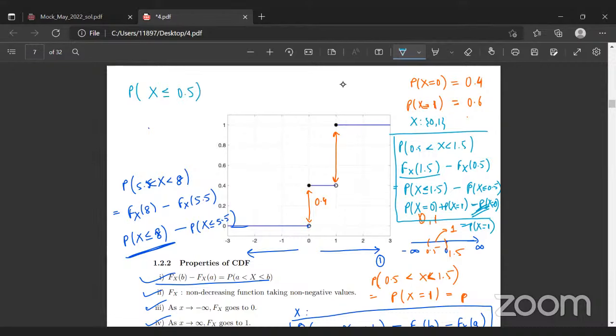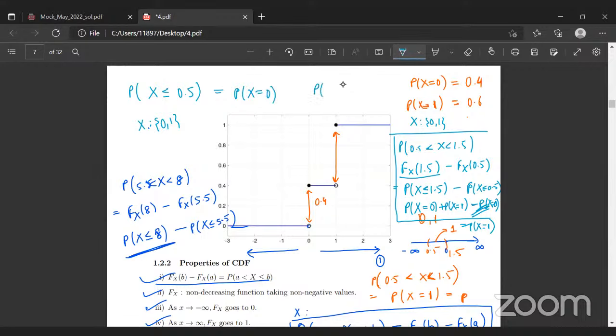Why do you want to take 0.4? X takes just two values, 0 and 1. These are just discrete points. X cannot take the value 0.4 either. So for probability of x less than or equal to 0.5, X will only take the value 0, so this is nothing but probability X equal to 0.